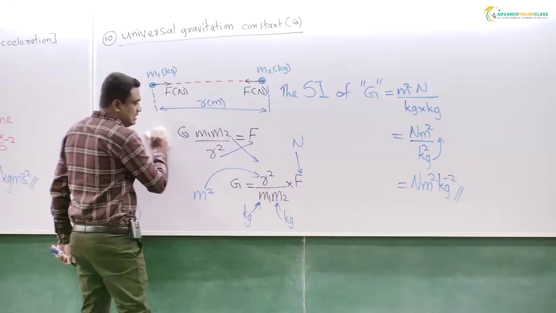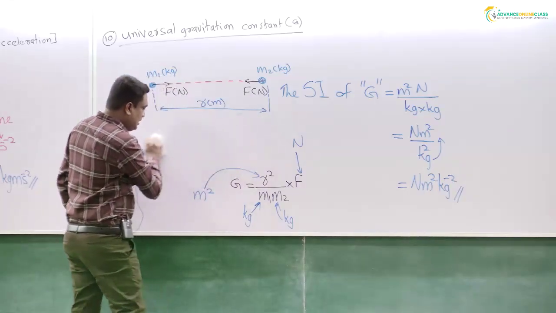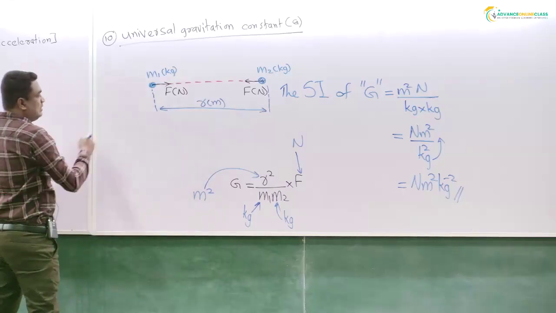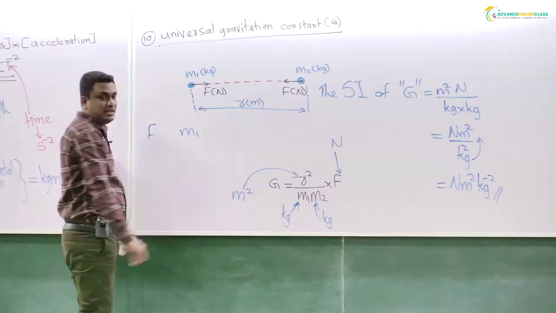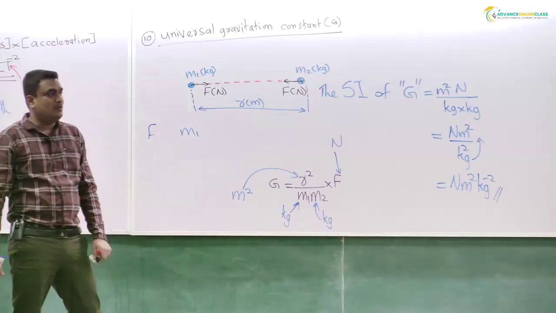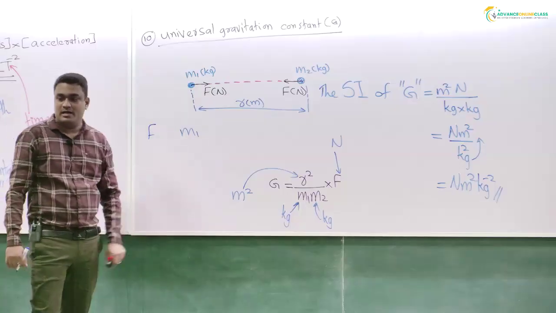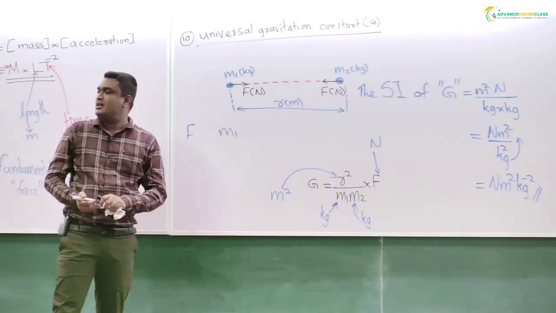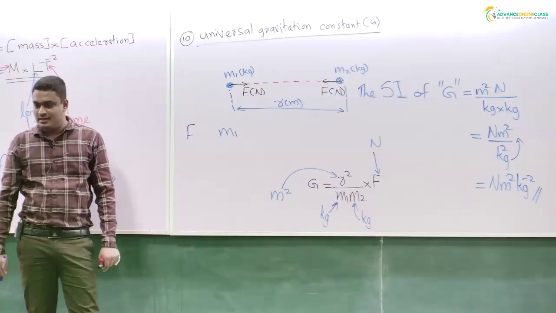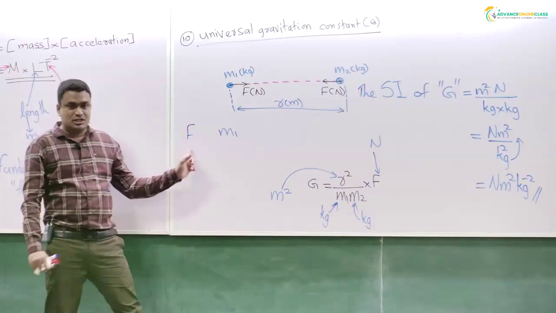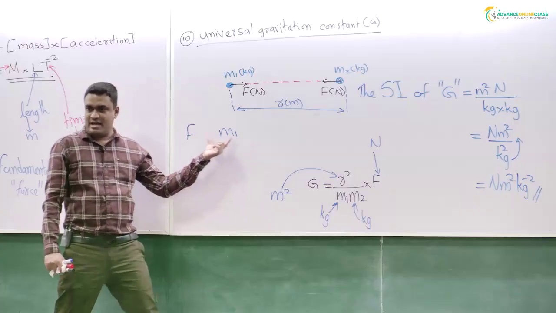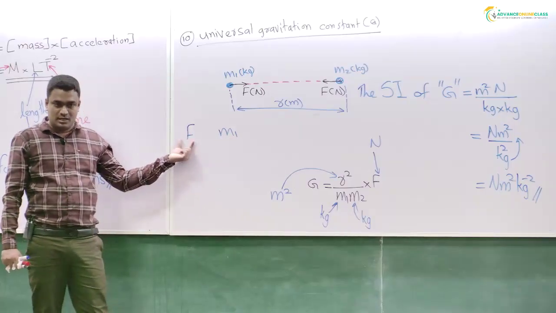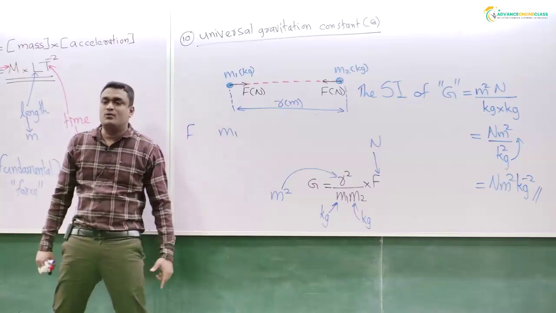Actually, Newton said it in this way. Newton said that the force will be bigger if M1 is bigger, and smaller if M1 is smaller. How to say this mathematically?